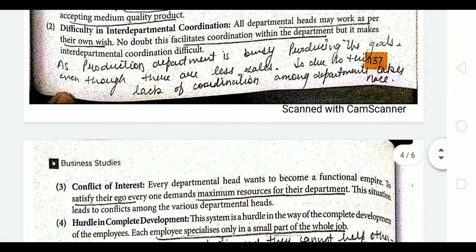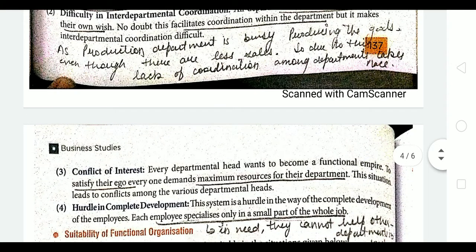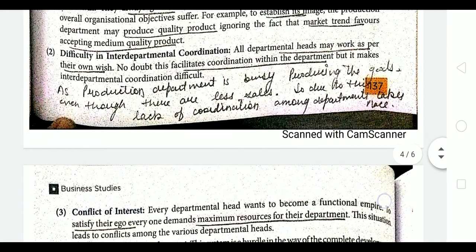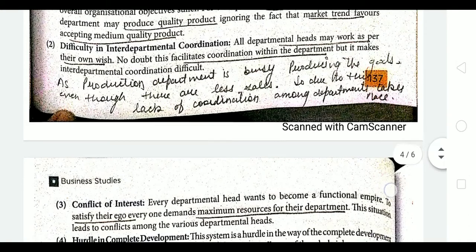For example, the production department is busy producing the goods, even though there are few or no sales. So due to this reason, lack of coordination among the departments takes place. Everyone wants to be superior, everyone wants to be rewarded. So doing so, there is a difficulty in coordination.